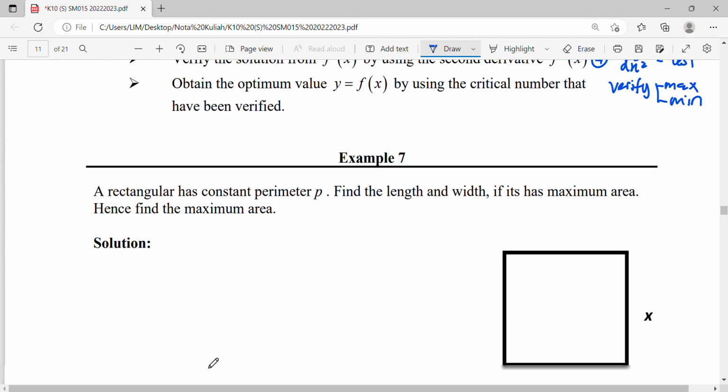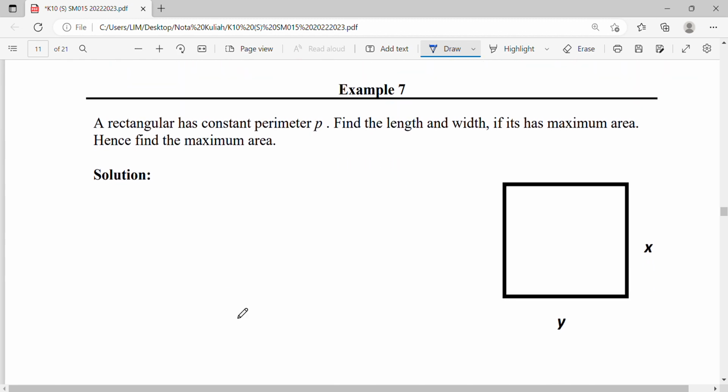Okay, so we look at example 7. A rectangle has a constant perimeter. You can see your quantity here, the perimeter, is constant. However, you can adjust the dimensions. The perimeter is constant, so that is not your variable.